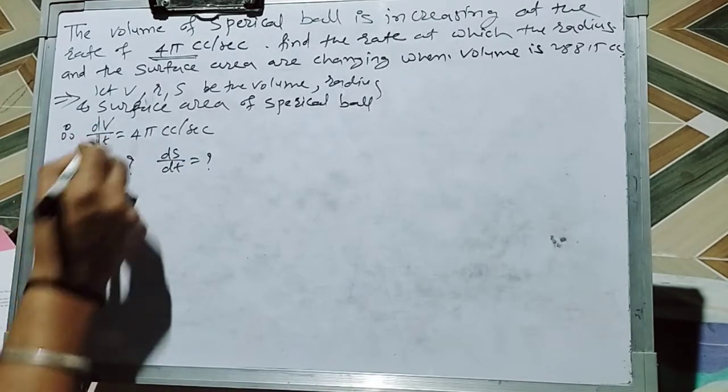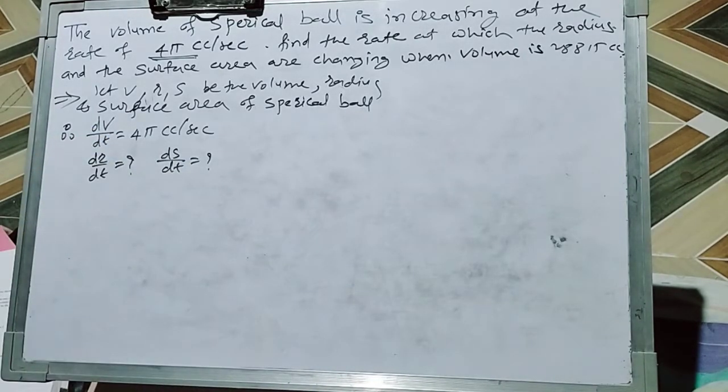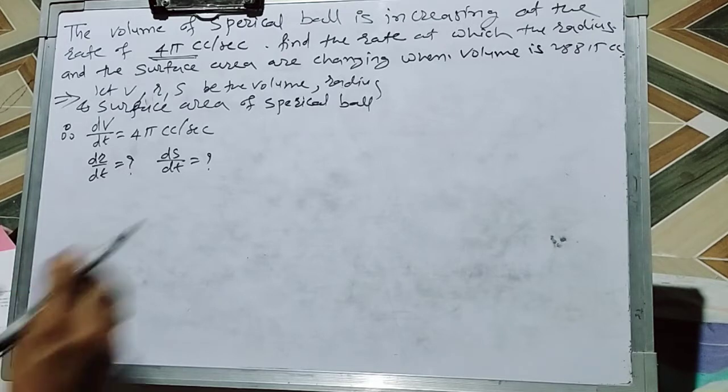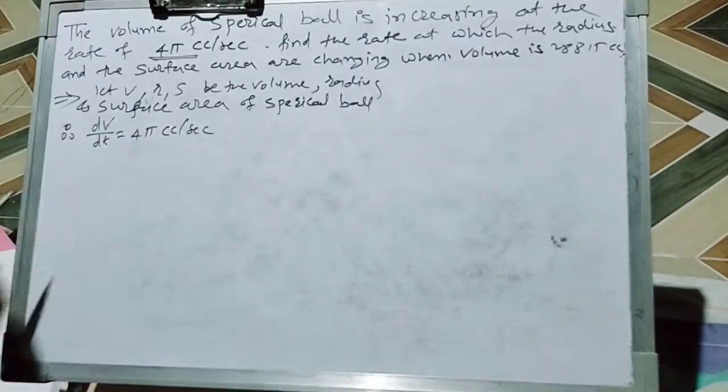So therefore dV by dt is equal to 4 pi cubic centimeter per second, and we have to find rate of change in radius and surface area.